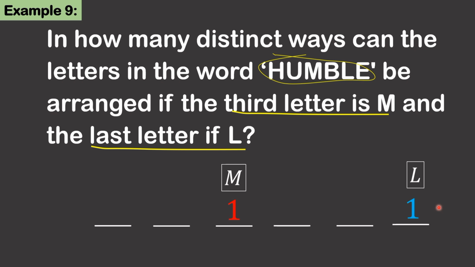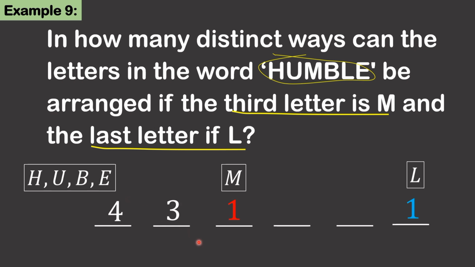And arrange the remaining 4 letters H, U, B, and E in the 4 remaining positions. So for the first letter, there are 4 choices, 3 remaining choices for the second, 2 for the next, and the remaining 1 choice for the last.